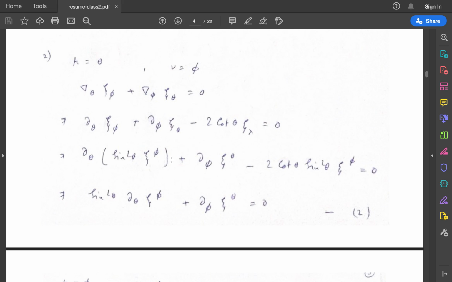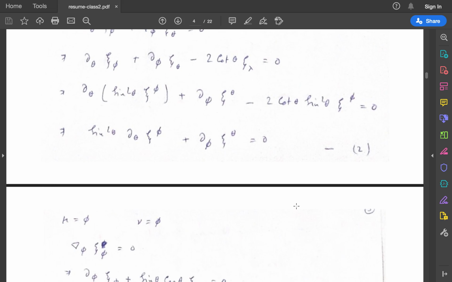If I again expand this term, we will have this equation where I have taken the lower indices to the upper indices by multiplying with g theta theta and g phi phi. This I can always do, and then this equation will reduce to a simple equation which is given by sine square theta del theta zeta phi plus del phi zeta theta equal to 0. Let us call this the second Killing equation, equation 2.